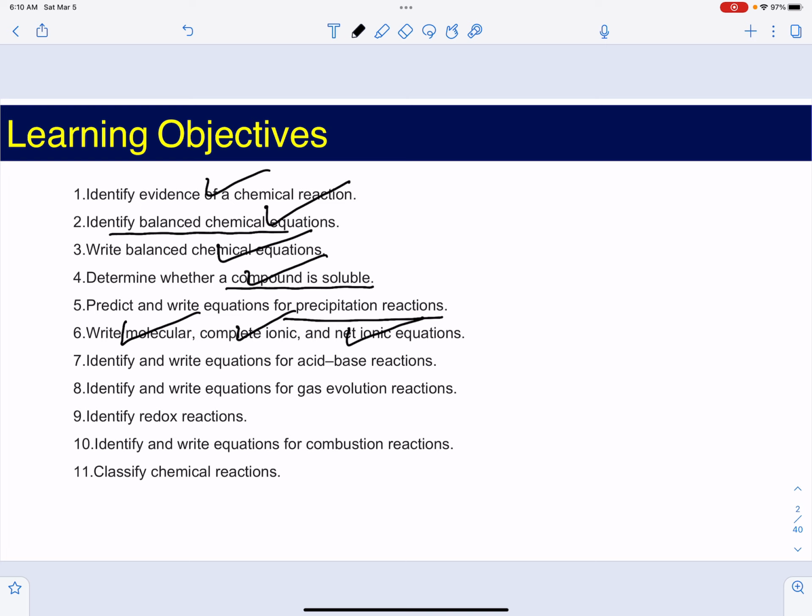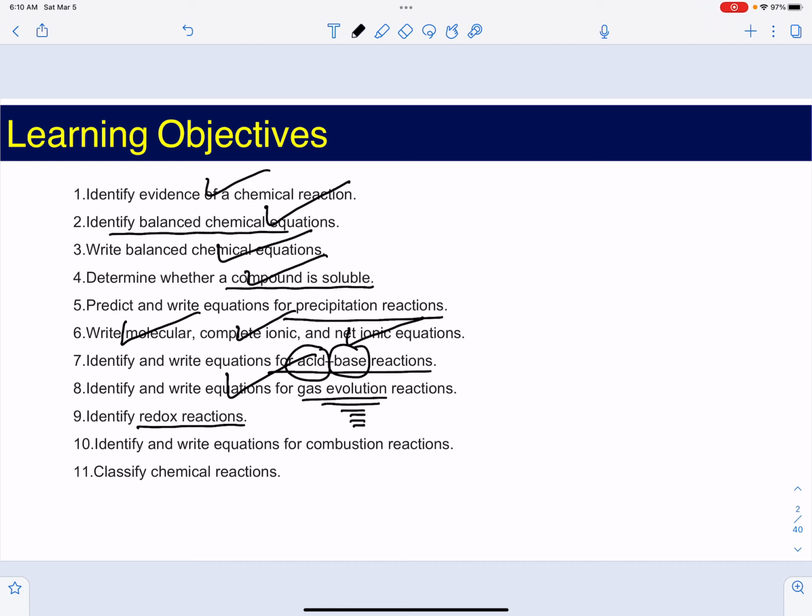Then after we're done with precipitations, we're gonna move into neutralization reactions, or reactions between acids and bases. And we're gonna see that some of those reactions create gas. So you're gonna have to keep track of which ones create gas and which ones don't. And from there, we're gonna move to another type of reaction, redox or reduction-oxidation reactions.